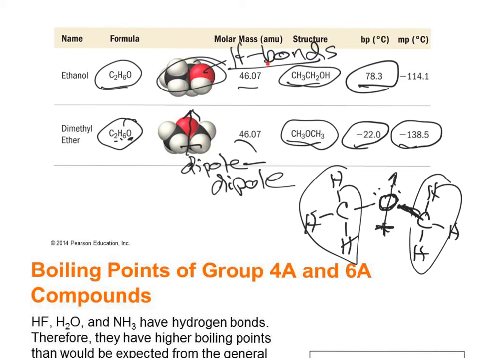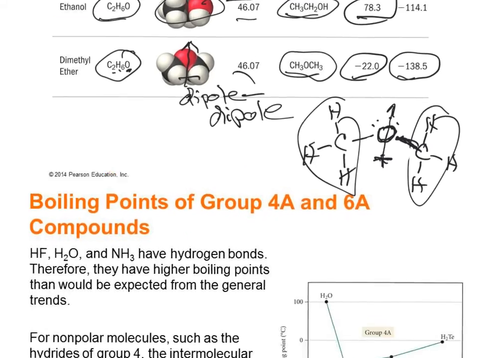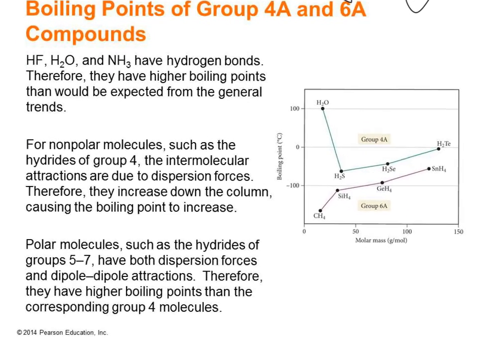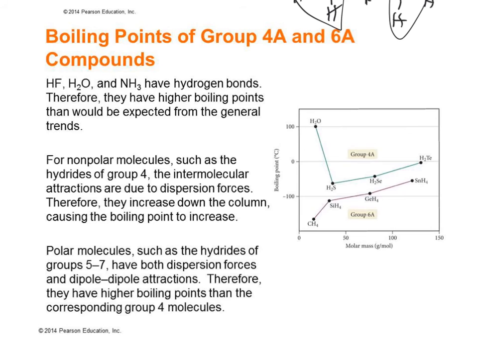This can do hydrogen bonds and dispersion forces, and those hydrogen bonds, by golly, make a huge difference in the behavior. And we can see a very similar trend if we look down here at group 6A: H2Te, H2Se, which is selenium, and H2S, sulfur.